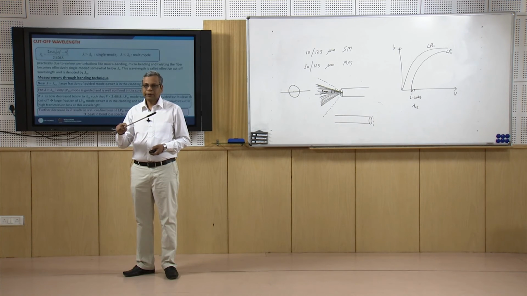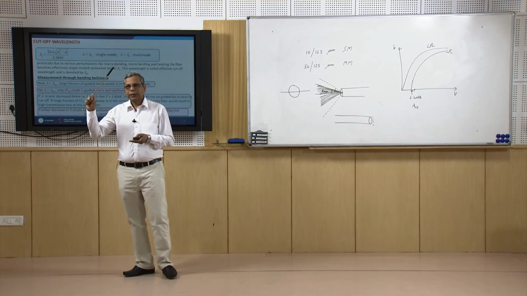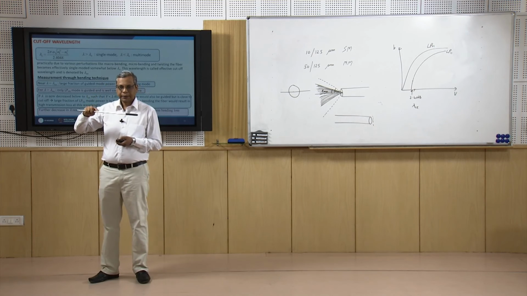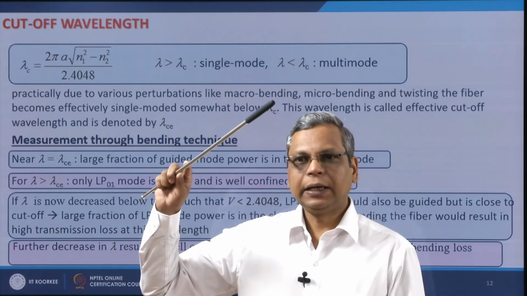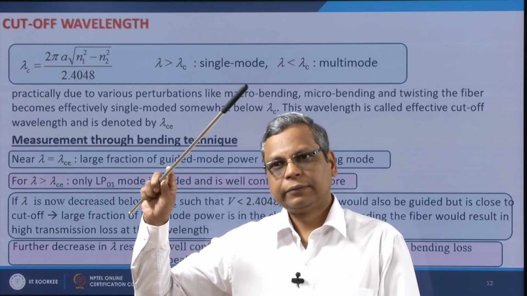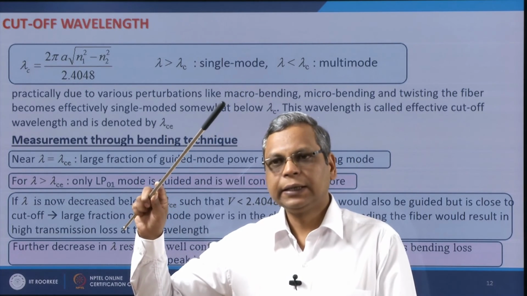As I decrease the wavelength, the bend loss will increase, and when I am near the cutoff, it will start increasing like this, and the bend loss will keep on increasing.